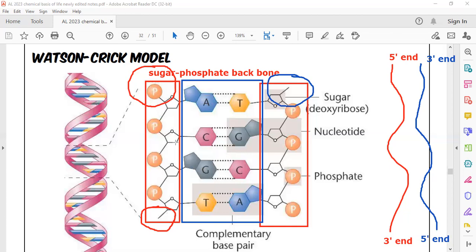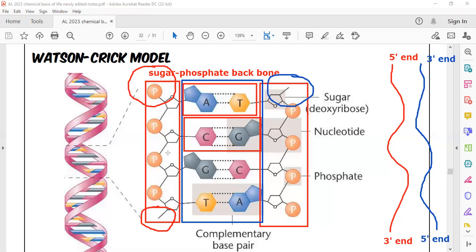In that, nitrogenous bases are occurring in pairs. Adenine is pairing with thymine. Cytosine is pairing with guanine. The same thing repeats in the following pairs also.